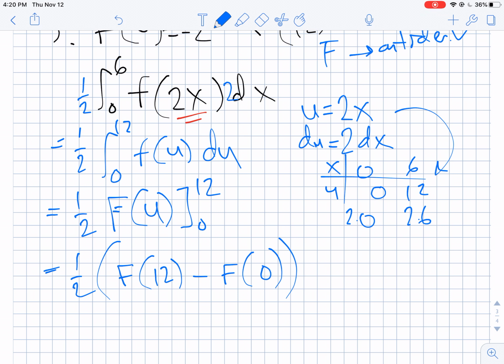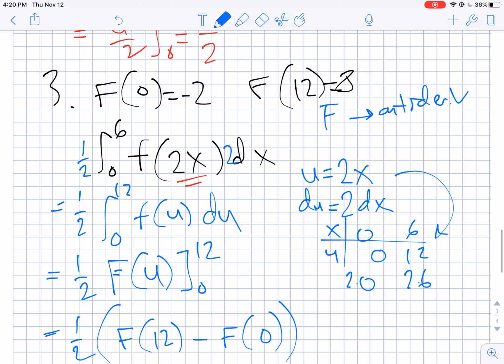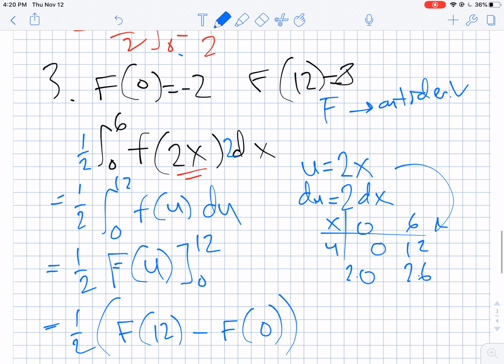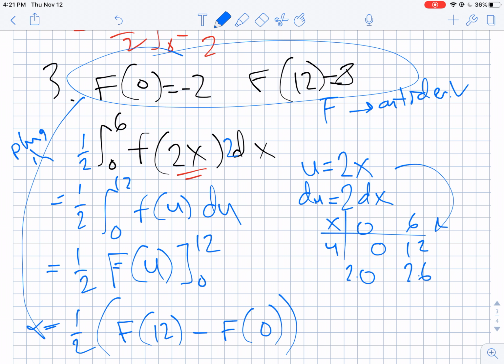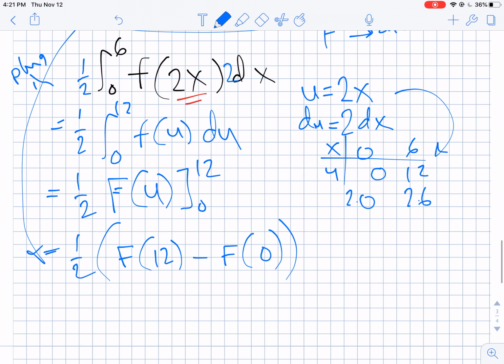That's great because we have those values, right? Those were given to us right here in the problem. So I'm going to plug them in, and I get 1/2 of 8 minus -2. That's half of 10, which is 5.